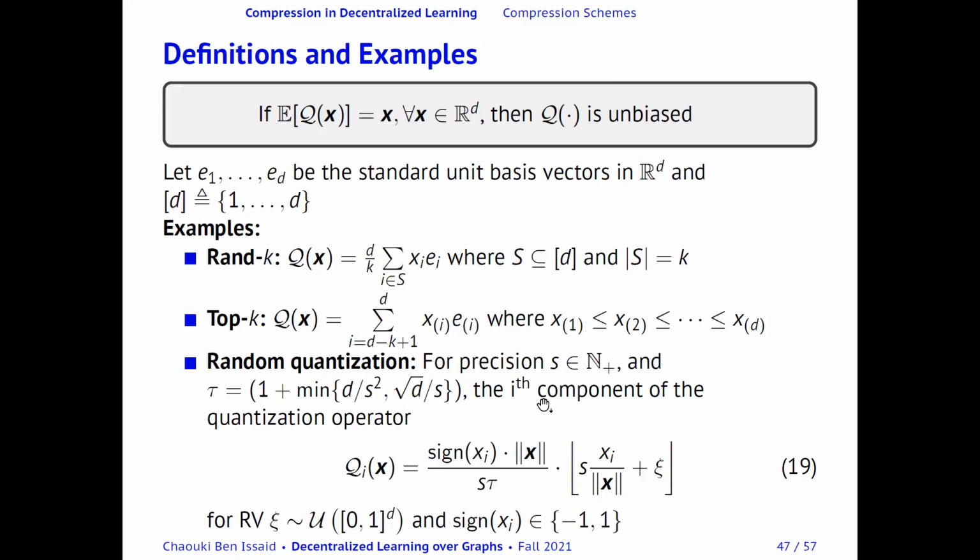Then the ith component of the quantization operator is given by equation 19, where here psi is a uniform random variable, and the operator sign here assigns -1 for negative values and +1 for positive ones.